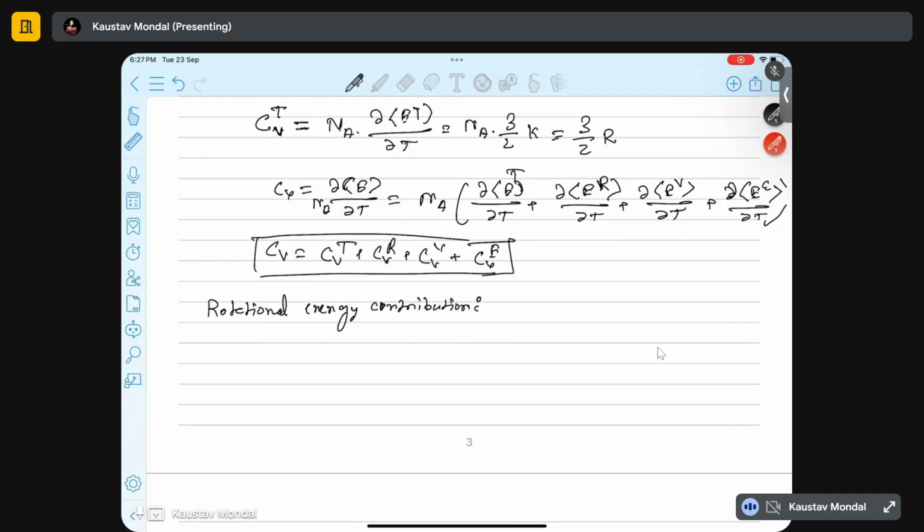We will first consider the limiting case where the temperature is very high and the molecule we are considering is a linear rotor. So first take that limiting case and check what the value of this rotational specific heat is. Okay, so let's do it.